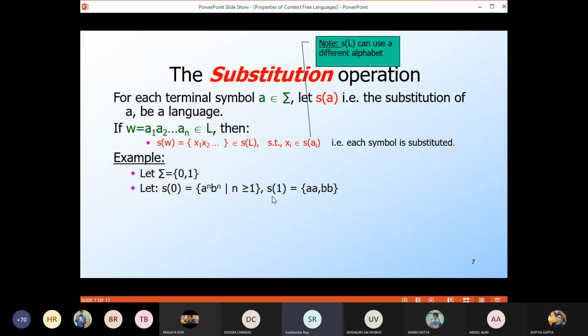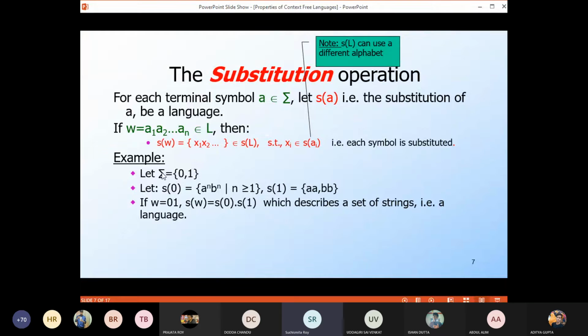And S(1) you can replace by AA or BB. Note that these strings are not part of the language S(0). They are different. But these two strings could possibly replace the input symbol 1.